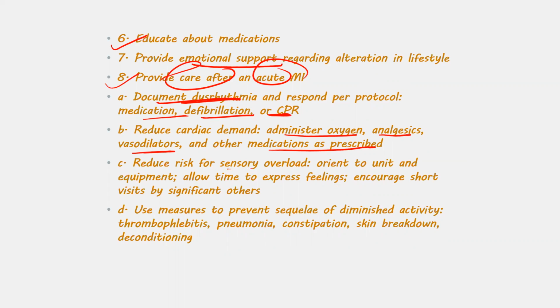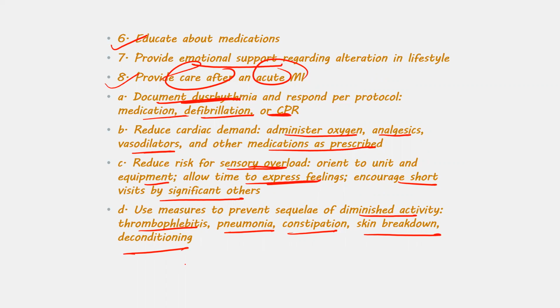Reduce risk for sensory overload. So we have to orient to unit and equipment, allow time to express feelings, and encourage short visits by the significant others. So restricted entry of the people should be there, and use measures to prevent sequel of diminished activity, thrombophlebitis, pneumonia, constipation, skin breakdown, and deconditioning.